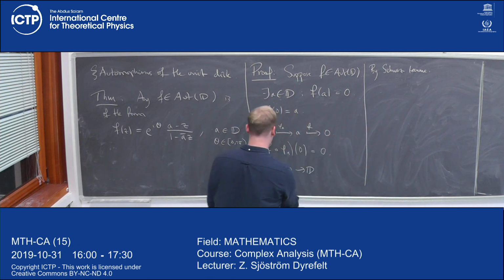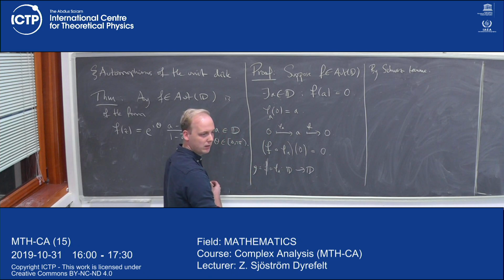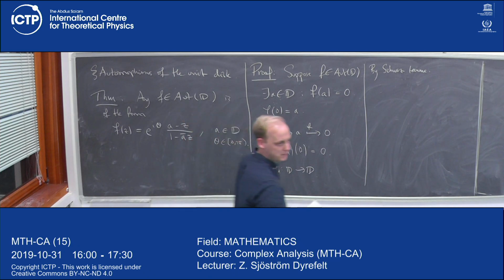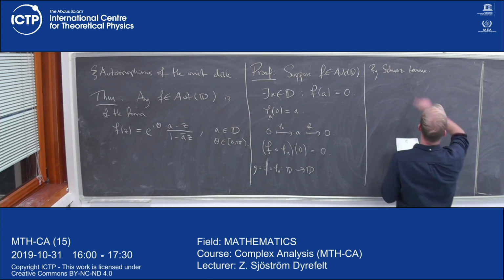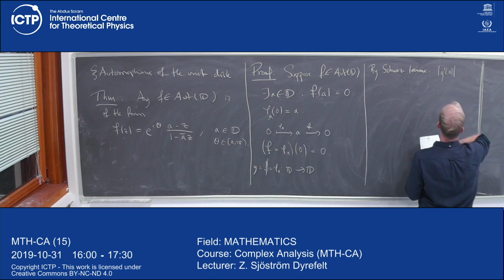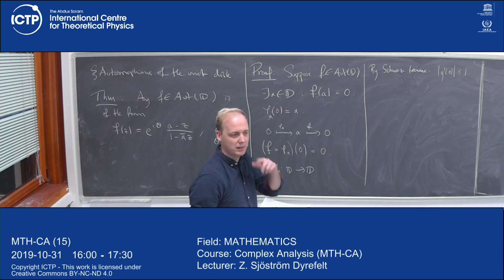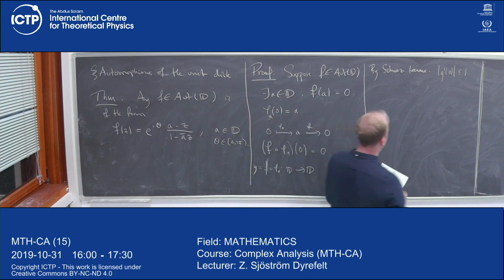Let's call this g, by the way, so I don't have to write this all the time. So f composed with phi a is g. By Schwarz lemma, you get that the absolute value of g prime of 0 is less than or equal to 1, if you remember. This was number 2 in our list of conclusions.